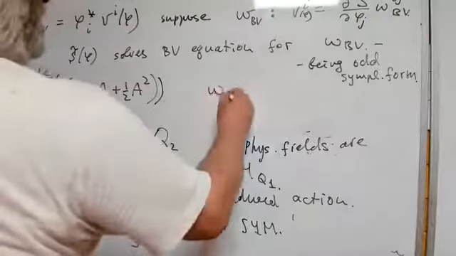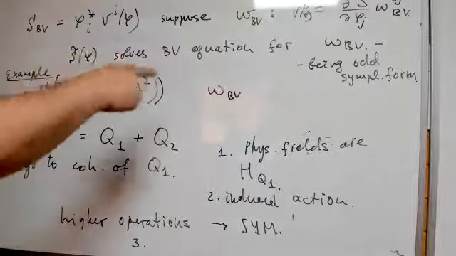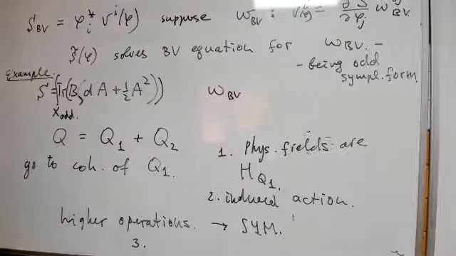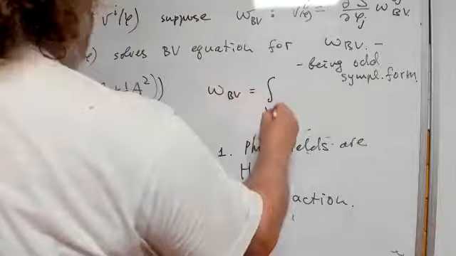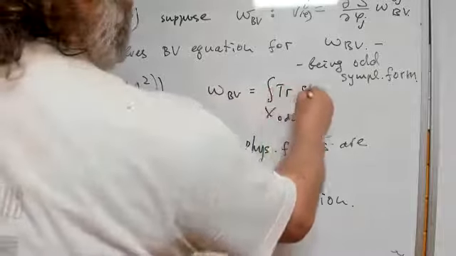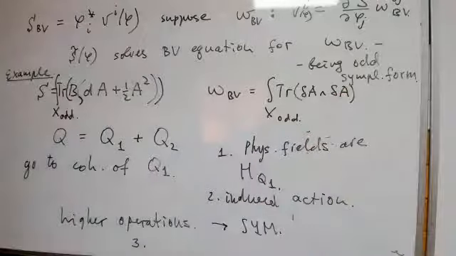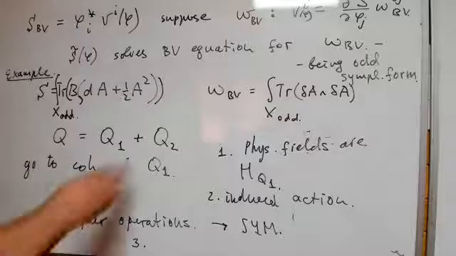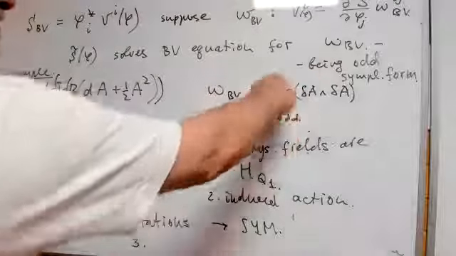We take as a BV form the integral over odd dimensional space of trace delta A, delta A. Since X is odd dimensional, this is odd.